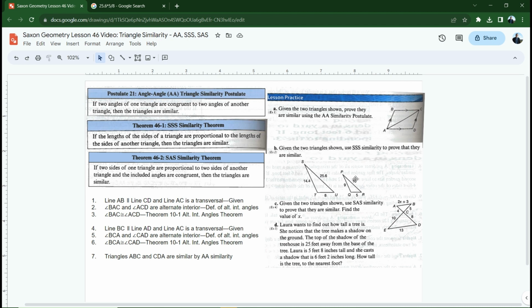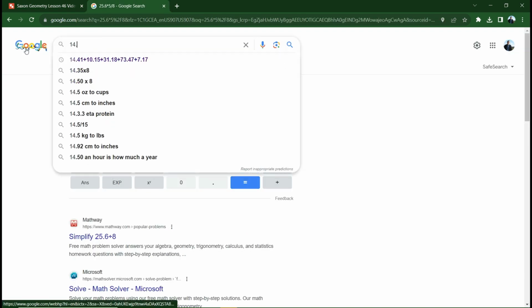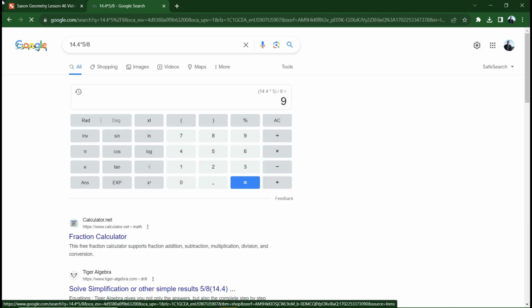If I were proving this in a two-column proof, I would just write out the math. 25.6 times 5/8 equals 16. And I would just say multiplication. 14.4 times 5/8 is 9.